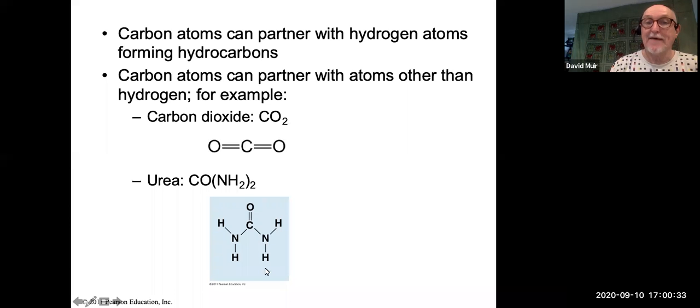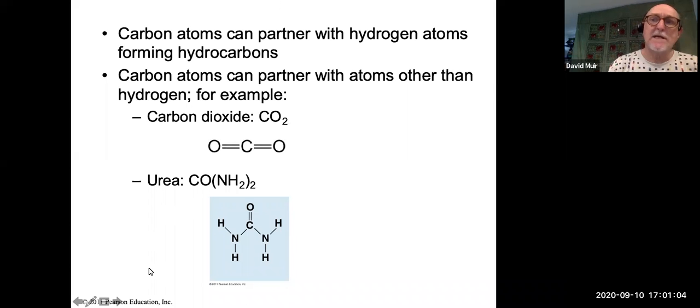The nitrogens then have bonds to hydrogen. This is a simple organic compound called urea. In human biology, it's very important because it's our primary waste product from the metabolism of proteins. And it's excreted by the kidneys in the urine. So this is urea, and for us, a waste product.